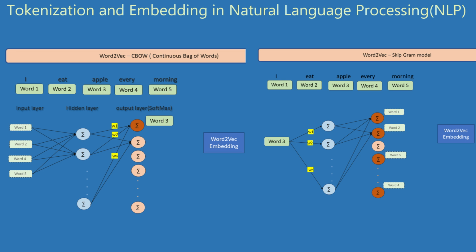It is mainly of two types: continuous bag of words, and the Skip-gram model. As you can see in the diagram, both methods use a neural network, but they are exactly opposite of each other. Let's begin with continuous bag of words.